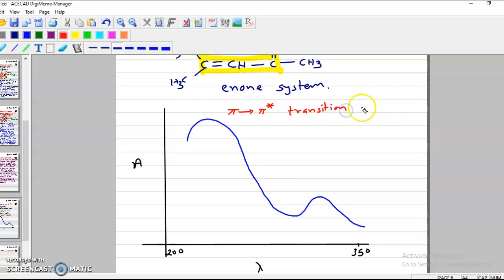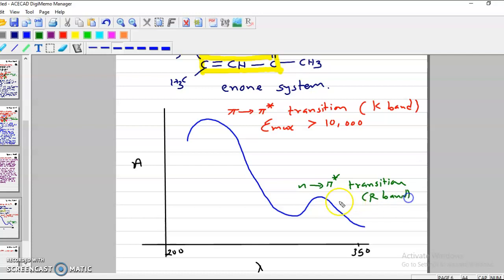This band is known as the K band, in which the value of epsilon maxima would be greater than 10,000. The second one is here, a very small band, due to n to pi star transition, known as the R band, in which the value of epsilon maxima will be less than 100. So the height of this band will be very small.